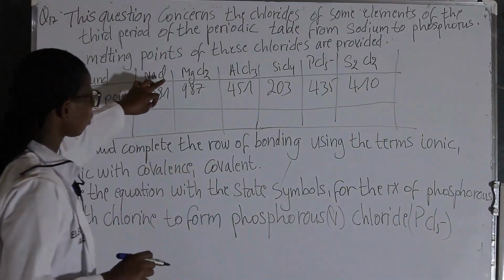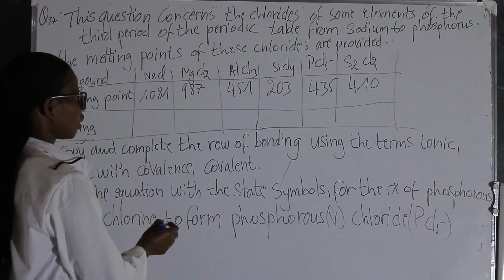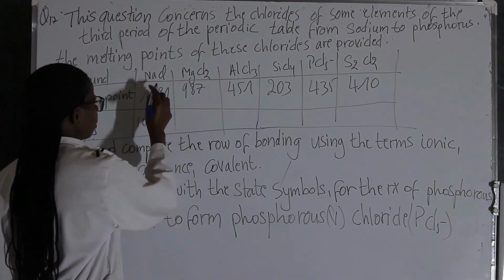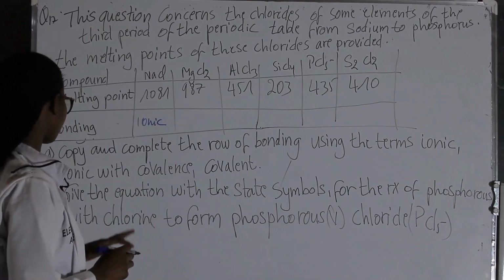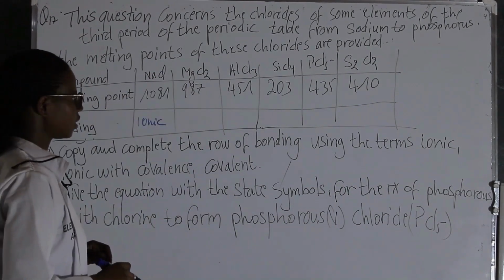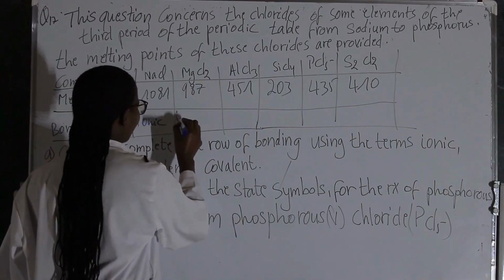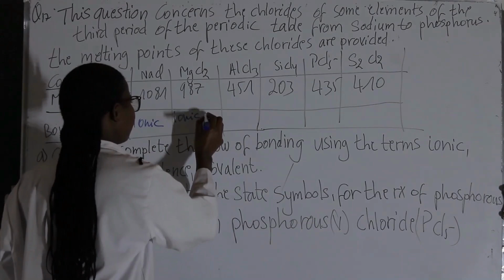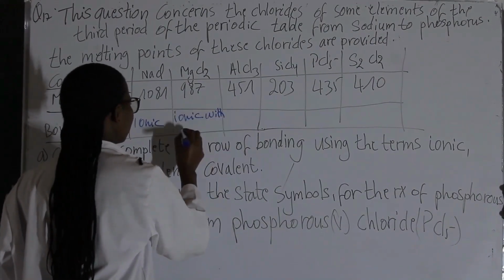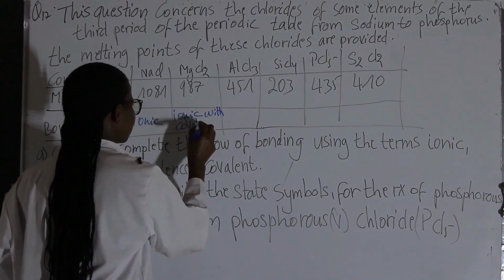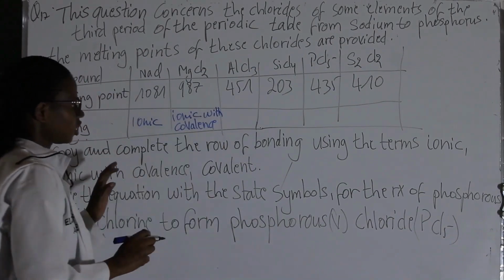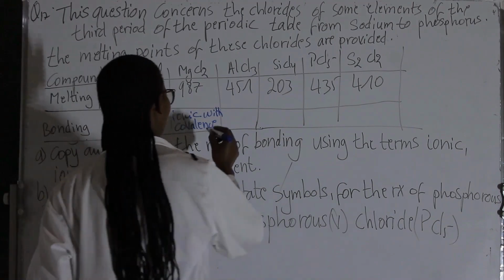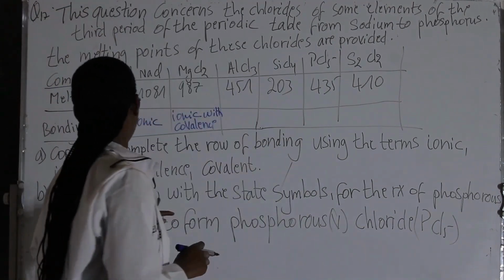Here, for sodium chloride, we put ionic. This sodium chloride is an ionic compound. For magnesium chloride, it is ionic with covalent character. This magnesium compound may have some covalent character.